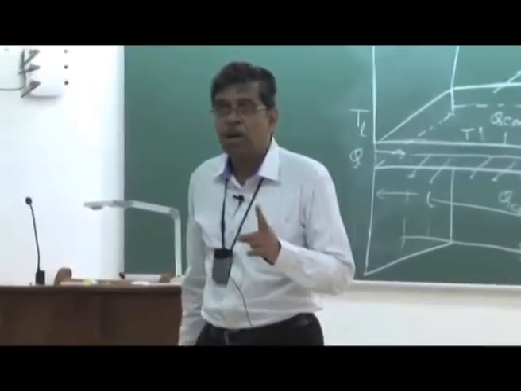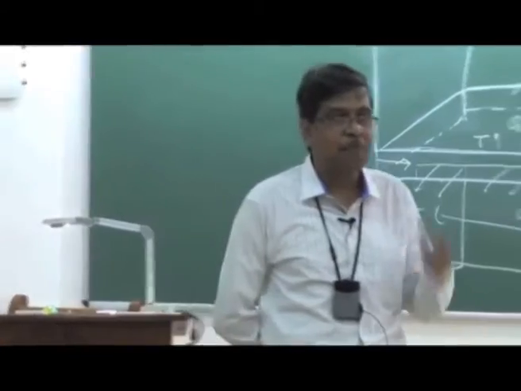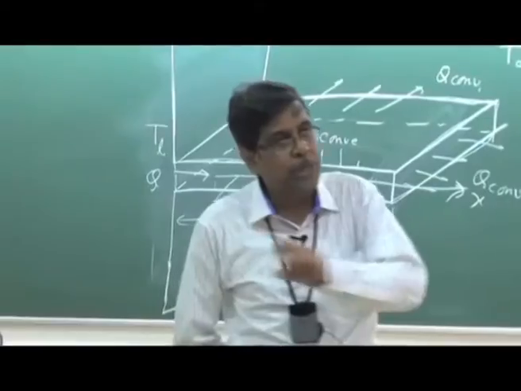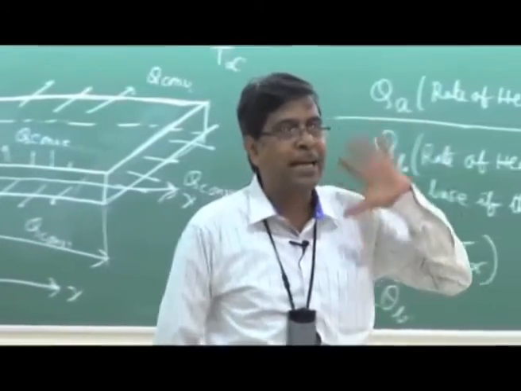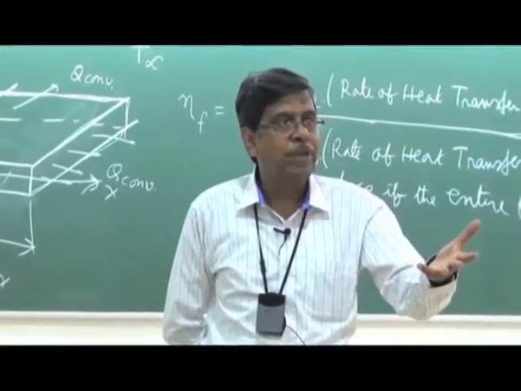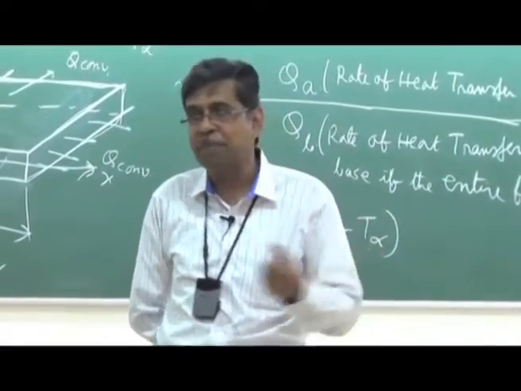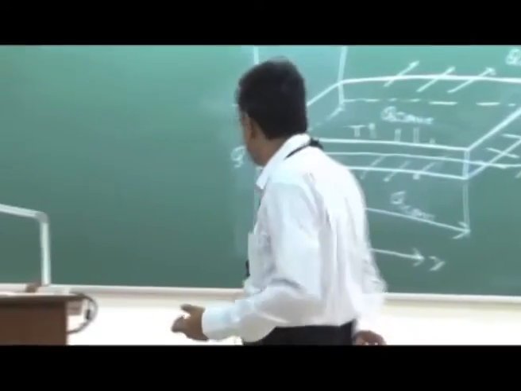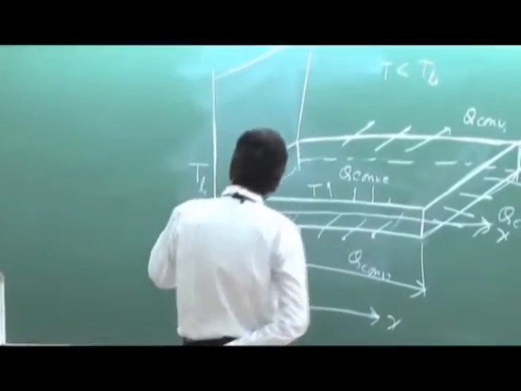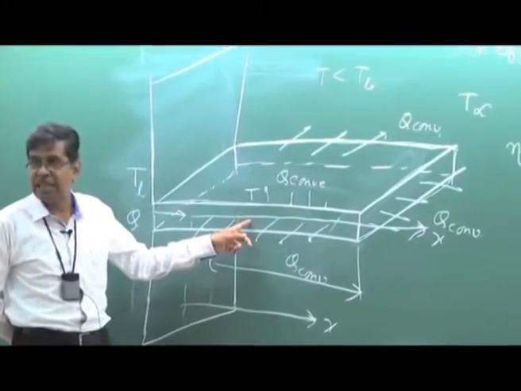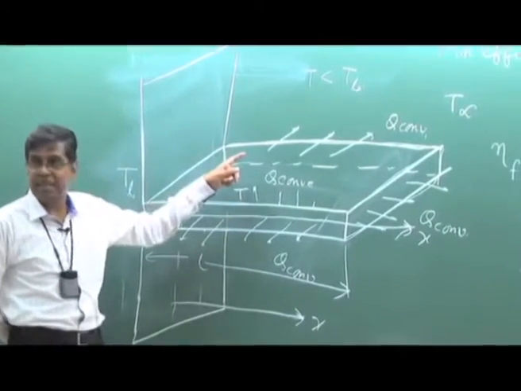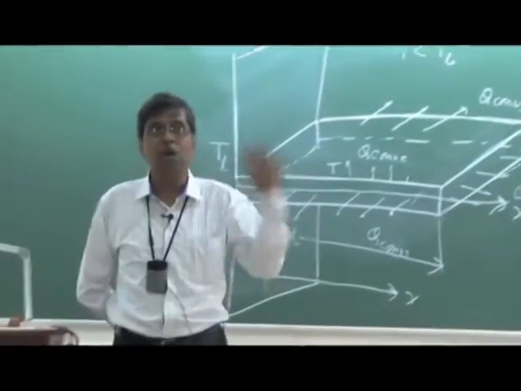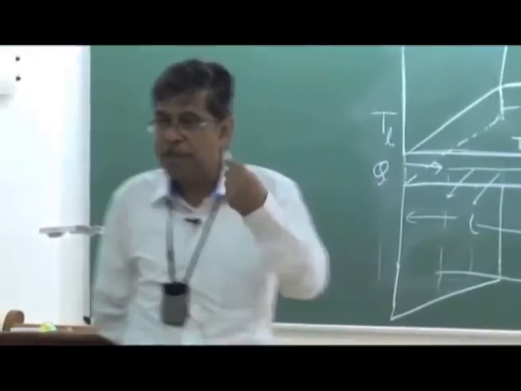So therefore, the question of fin efficiency comes because of its conductivity. In the very first class I told that we are putting in a conduction resistance, though we are adding more convection area to enhance the heat transfer. But if the conduction resistance is very large because of very low thermal conductivity, so that there is a drastic drop in temperature along this direction, heat transfer from the lateral surface may not be augmented that way, because the heat transfer depends not only on the surface area but also on the temperature difference.